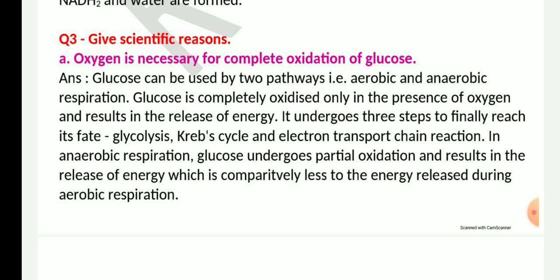It undergoes three steps to finally reach its fate, that is glycolysis, Krebs cycle, and electron transport chain reaction. In anaerobic respiration, glucose undergoes partial oxidation and results in the release of energy, which is comparatively less than the energy released during aerobic respiration. Understood?